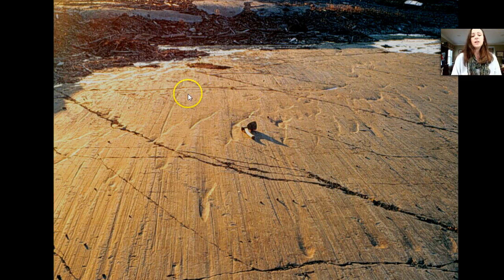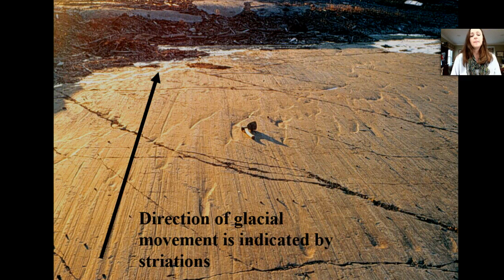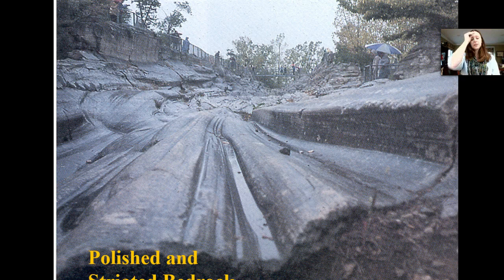But you do see the striations and scratches along this rock surface, indicating that there was a glacier once there. Now, these glacier striations can also indicate which way the glacier retreated or advanced. And this is a picture of some rock that has been polished and striated by a glacier.